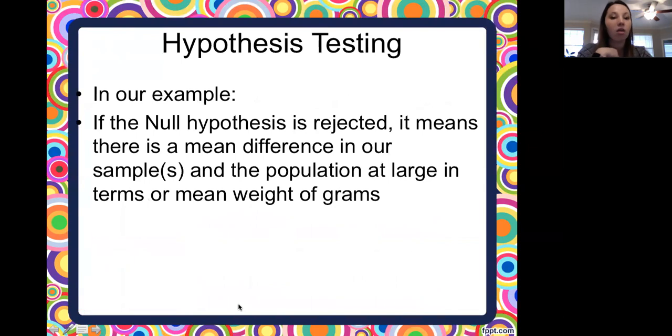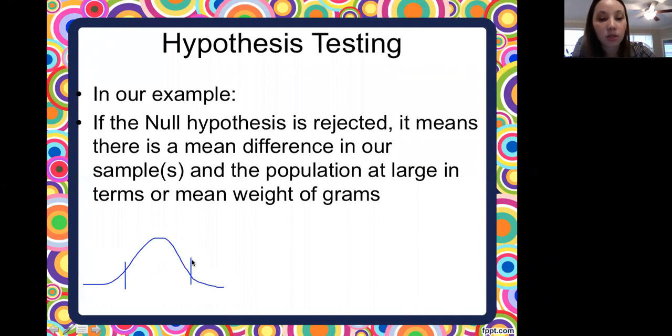Okay. So if the null hypothesis is rejected, it means that there is a mean difference in our sample and population at large in terms of our weight in chip bags. So let me draw that up here again.